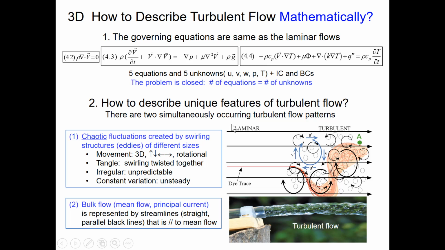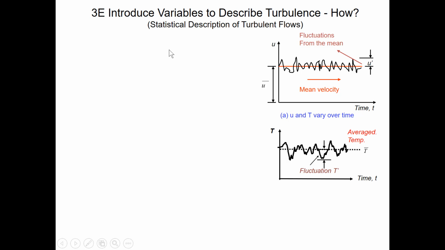So these two simultaneously occurring turbulent flow patterns, one mean and the other fluctuation, give us an idea on how to describe the uniqueness of turbulent flow. How?